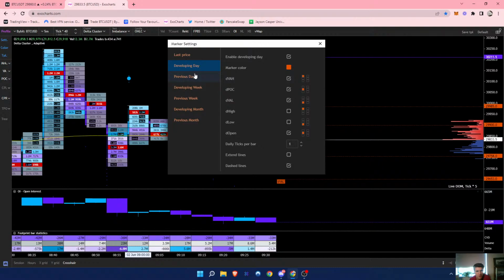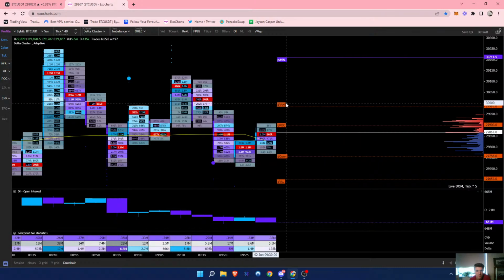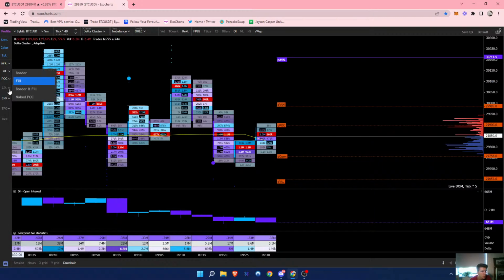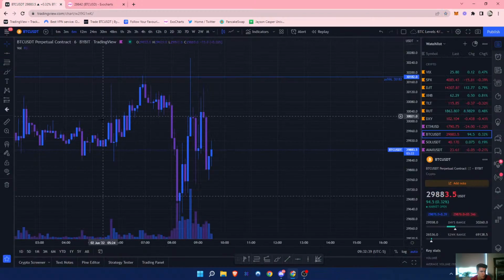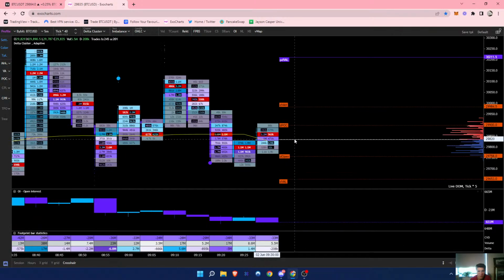I typically just keep on the developing day, like so, mark them orange. And then the previous day, that's really the only two I do on order flow. And then CPL, this is like the volume. I keep that off because that's what I use TradingView for. And then CPR, again, just the order book.